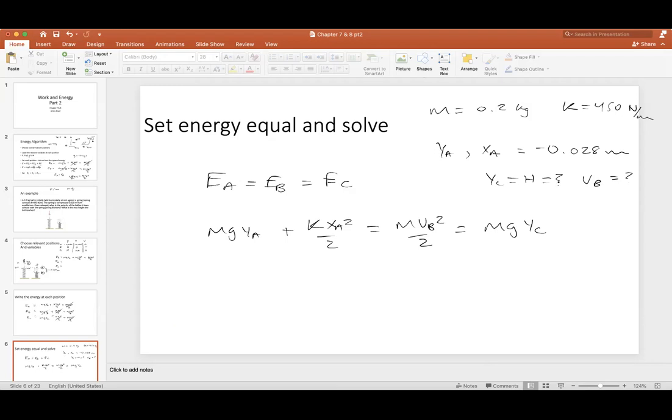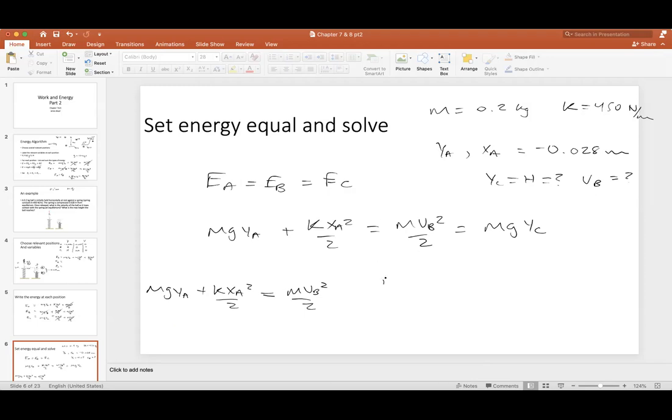And so what we can do is we can do this in a number of ways. We know everything here. We don't know VB and we don't know YC. So you could either set up an equation that looks like this, plus KXA squared over 2 is equal to MVB squared over 2, and then solve it for VB.